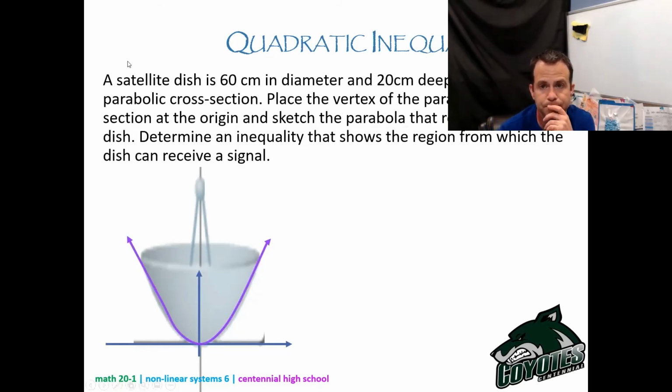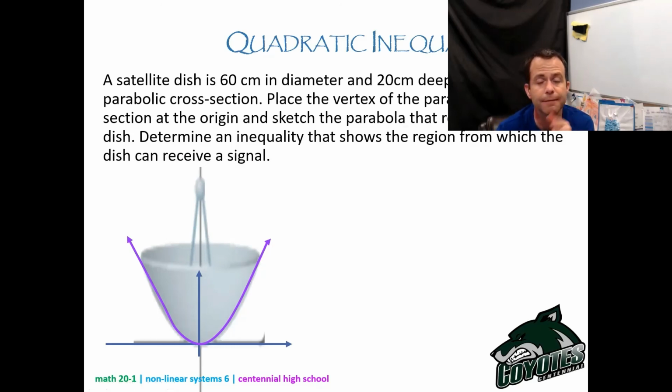Now, it's 60 centimeters in diameter, so from here to here is 60 centimeters. I also know that it's 20 centimeters deep. So if I needed to get a friendly point here, I could use a point right there. From the origin to here has to be half of that 60, so my x value would have to be 30 there.